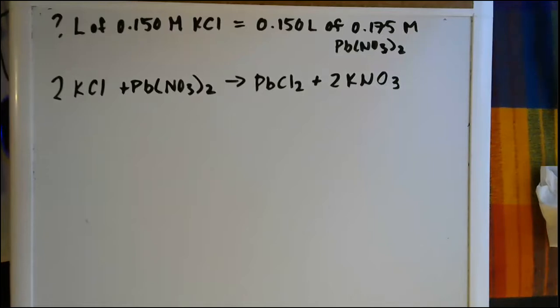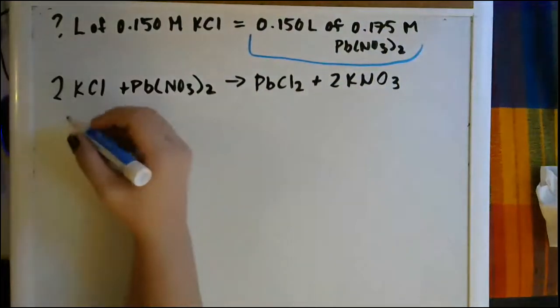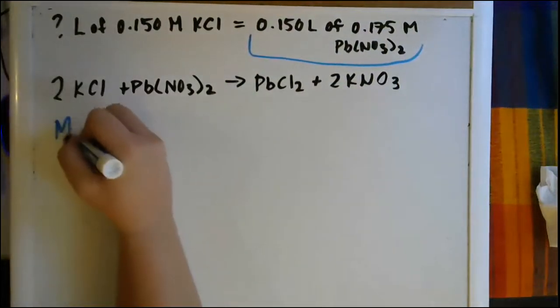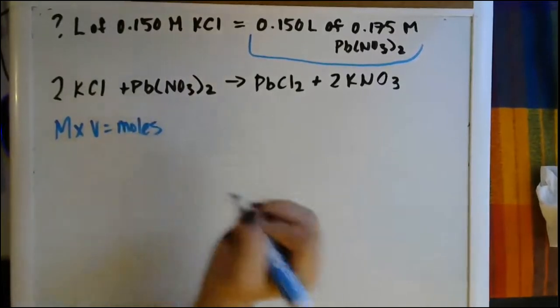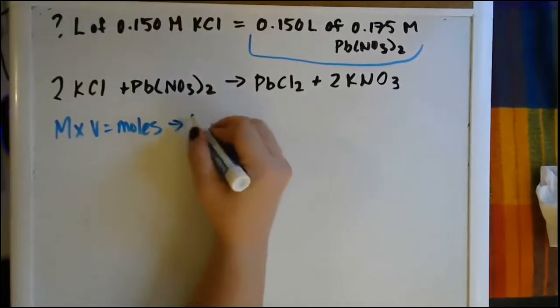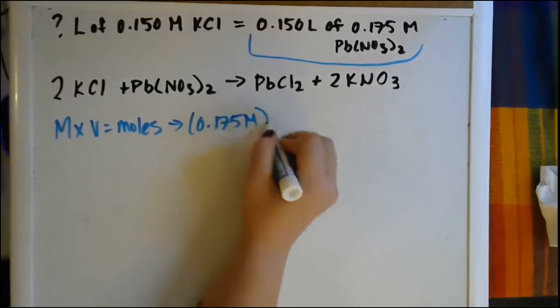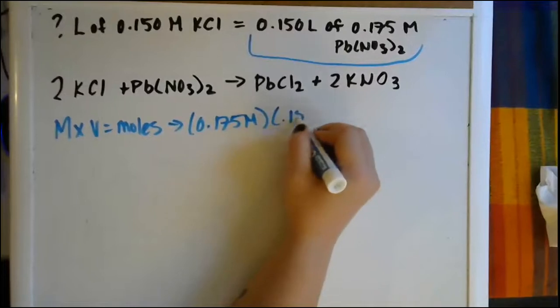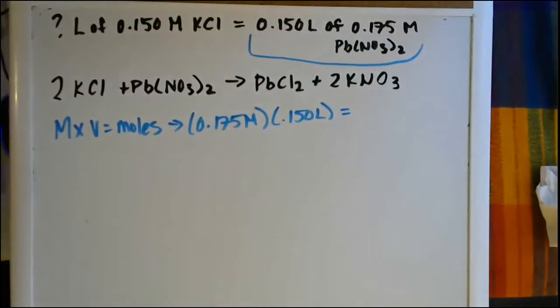The first thing I'm going to do is look at the information I was given about the lead nitrate, and remember that molarity times volume equals moles. So I can take my 0.175 molar lead nitrate, multiply it by the volume, and I can calculate a mole value from that.